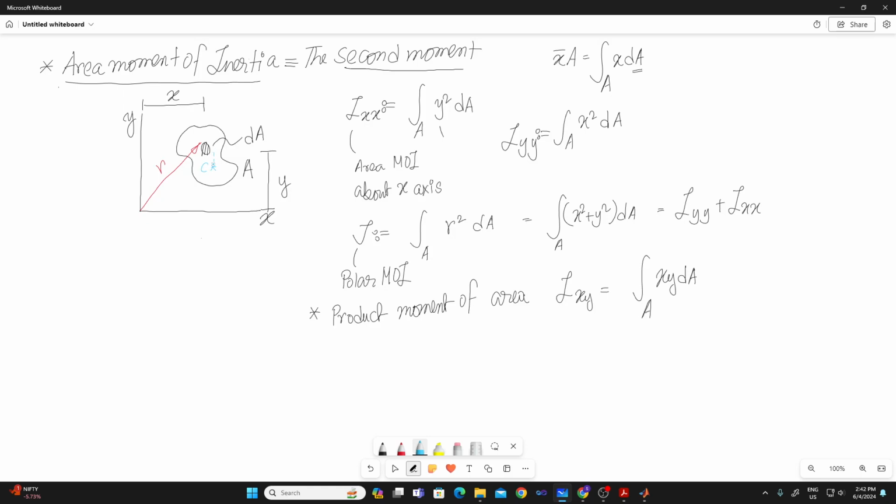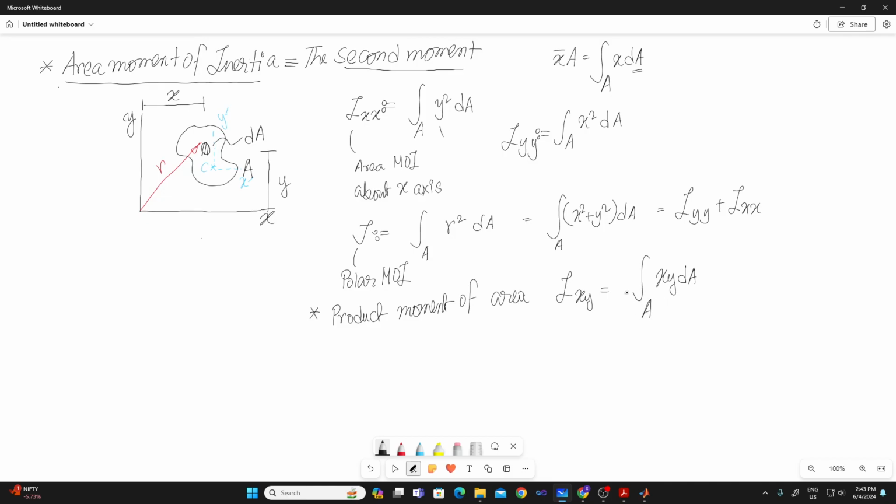Probably not correct, but let's say this is the centroid, and you defined a centroidal coordinate system, which is again a Cartesian coordinate system. So let's call it x prime and y prime. So those centroidal moment of inertia, that actually matters. When you are talking about the load bearing capacity of a given cross section, that matters. That's why these quantities are also important when it comes to mechanics.